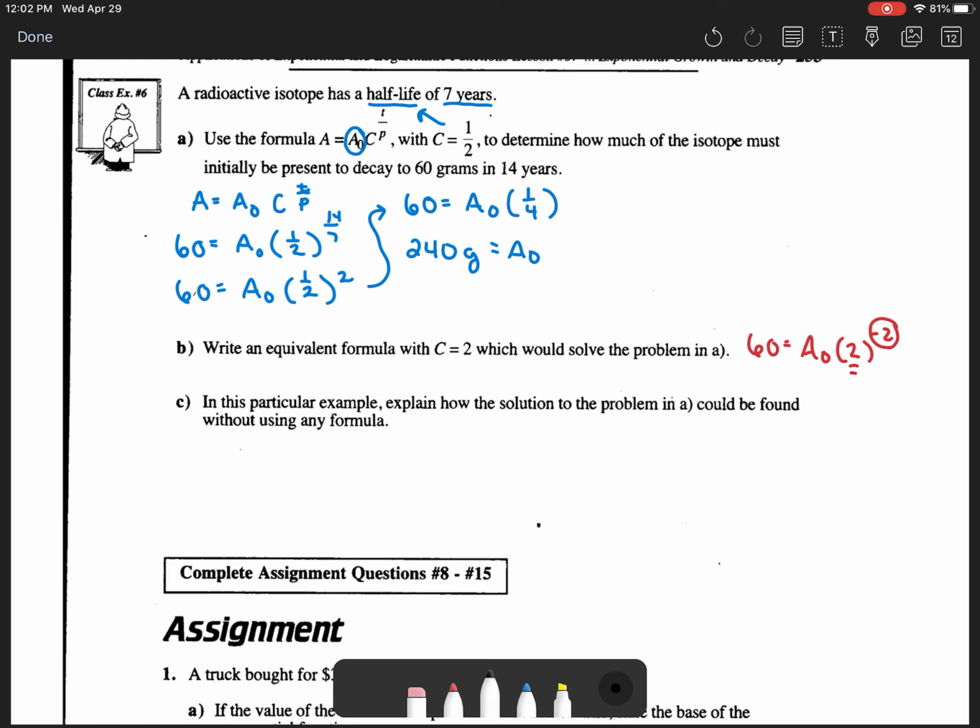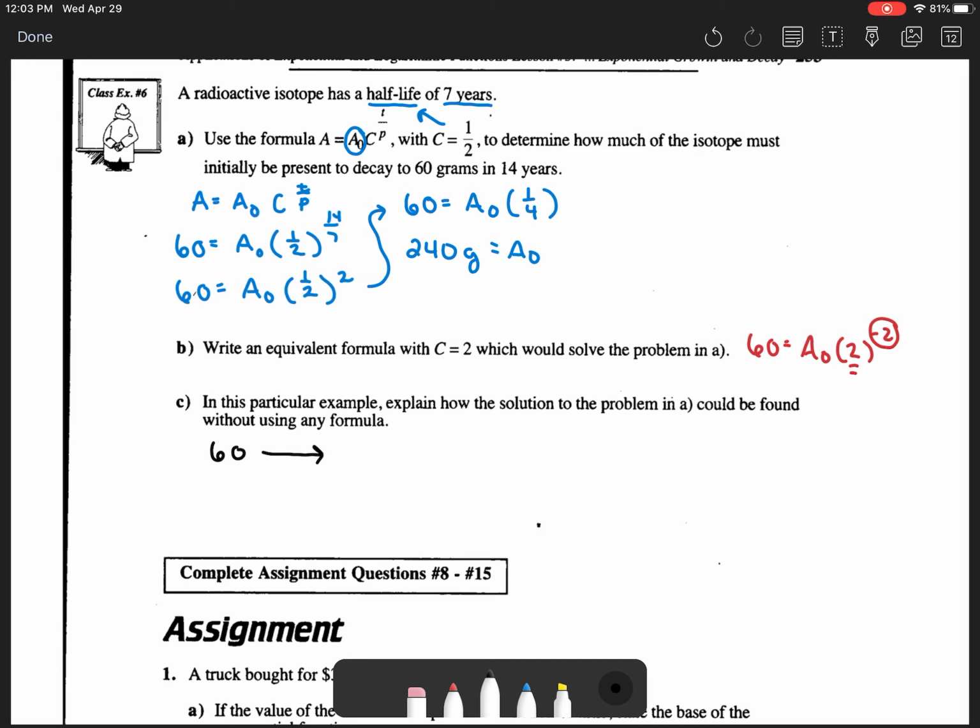In this particular example, explain how the solution in A could be found without using a formula. Well, pretty straightforward, right? This is just using counting. Now this will work only for very few and very simple examples. I know every 7 years the amount of the isotope is halving. So basically I'm going to go backwards. Instead of saying I finish at 60, I'm going to say I'm going to start with 60.